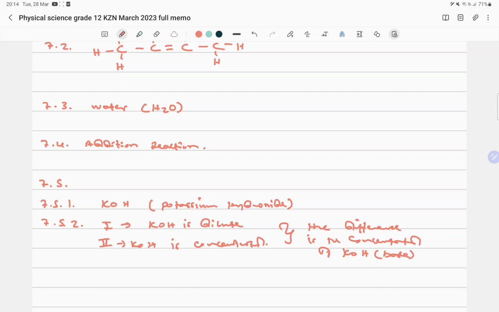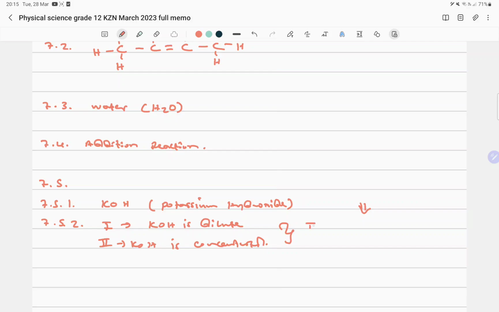Okay, I don't know, guys. You can answer it here, you can split it apart. I am not too sure, honestly, but when they say 1, I would gravitate towards this answer and say the difference is the concentration.